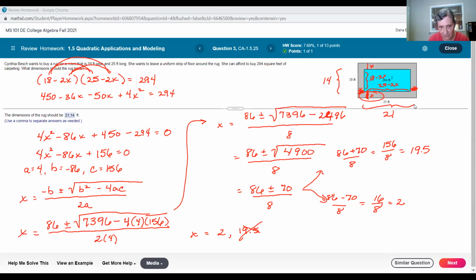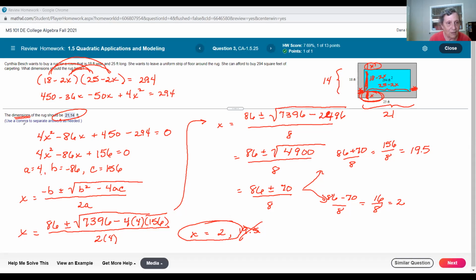So x is 2, but we did not write this equation so that x was going to be the answer to the problem. We wrote it so that x was going to be not this distance, but these distances. So x is 2, but the dimensions of the rug are going to be indeed 21 by 14.